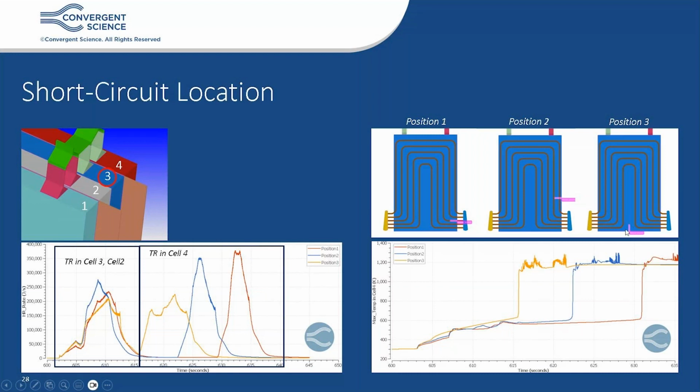But if we place a short circuit event in some sort of a blind spot to this cooling design, you see there's only a delay of around 5 seconds for thermal runaway to go into cell 4. And such 3D effects are important to consider because you can never know in reality where the short circuit is going to go. So by better understanding these 3D effects, you can accurately model thermal runaway propagation behavior and start to investigate thermal runaway mitigation design strategies.